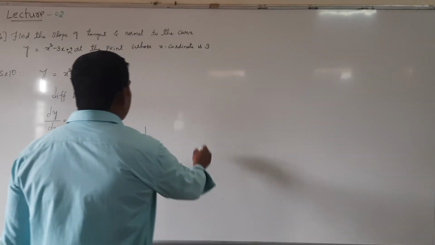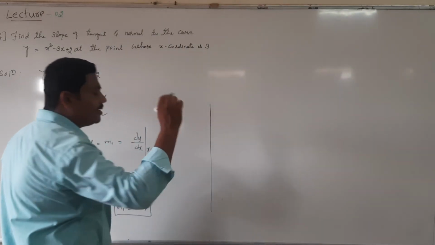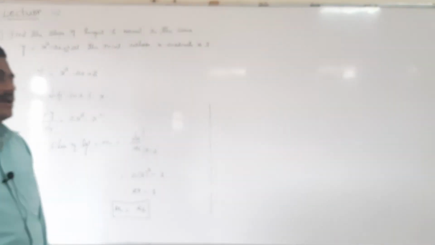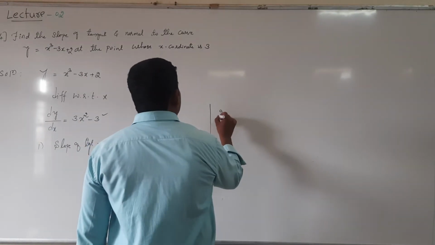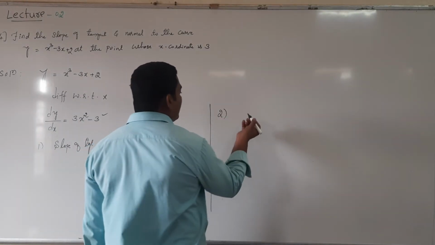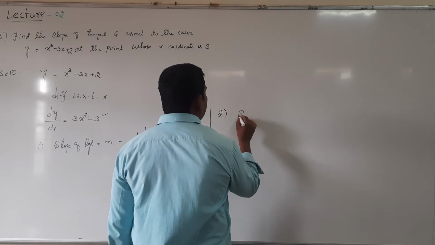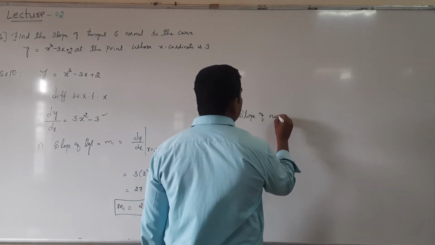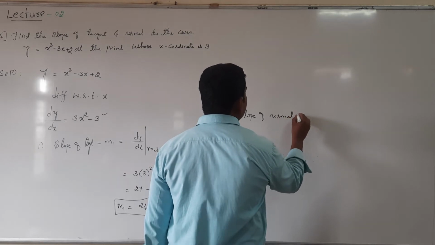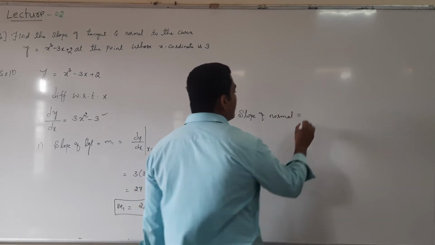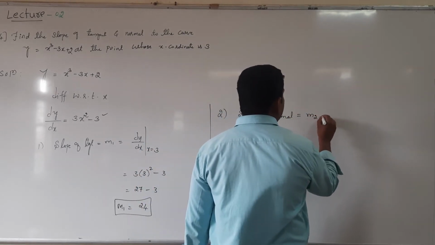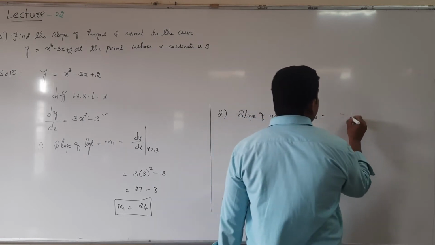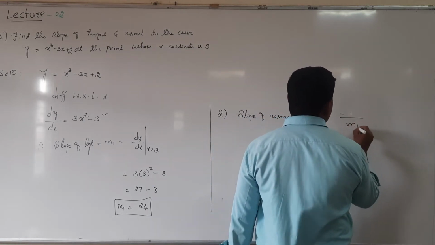After getting the slope of the tangent line, find the slope of the normal. Second part, slope of normal. Slope of normal line, or simply normal, m2 is equal to minus 1 divided by m1.